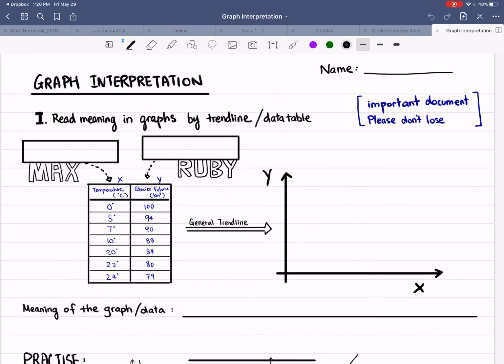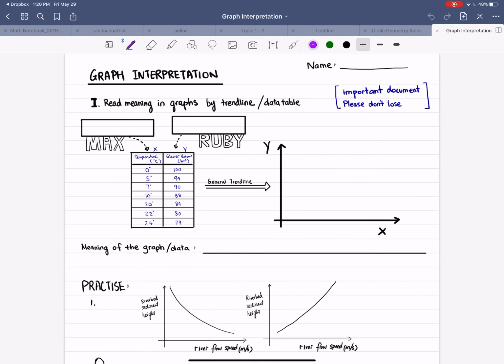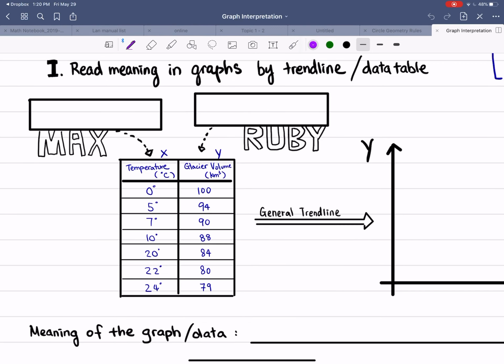Okay, so basically about graphing, lots of you already know this, but in case you're not sure about how to graph or what a trend line is, let's learn about it in this lesson. First of all, I give you some data already. When the temperature is 0 degrees, the volume of the glacier, so how large the glacier is, is 100.